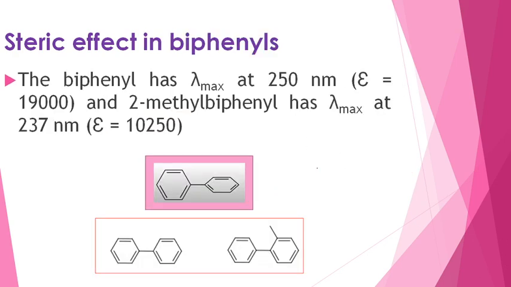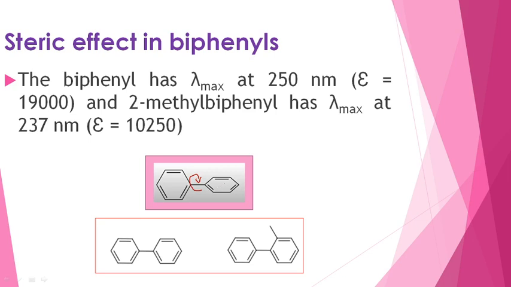Now you see the steric effect in biphenyls also. Biphenyl is a system consisting of two aryl rings connected by a single bond. As the two aryl rings are connected by a single bond, there is the possibility of free rotation. Due to the free rotation, they are not in plane.